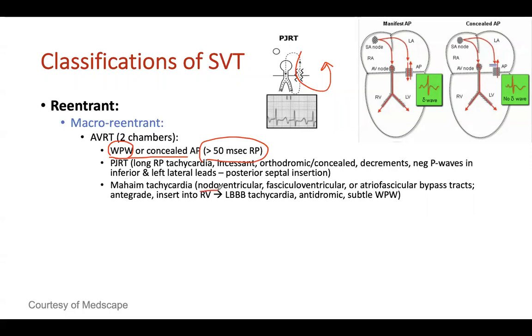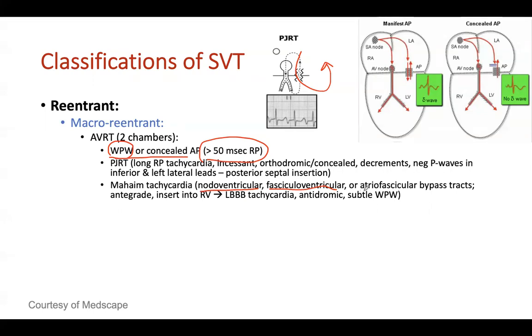And then Mahaim tachycardia, people subdivide them into, we're getting more complex here, but it just means that those fibers could be between the AV node and the right bundle, or between the atria and the right bundle, okay?